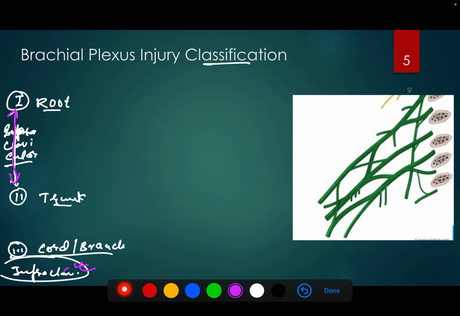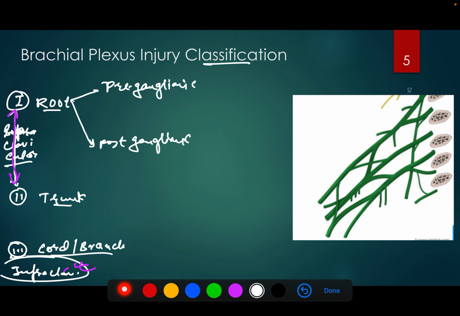After this, the injury in the root, we divide into two types. One is the pre-ganglionic injury, another one is the post-ganglionic injury.